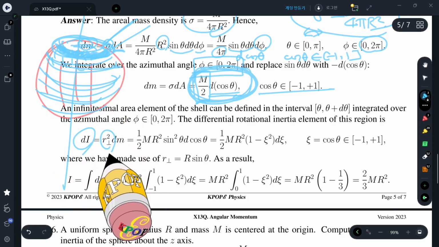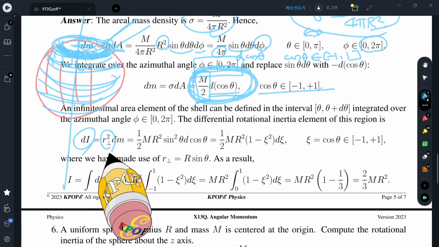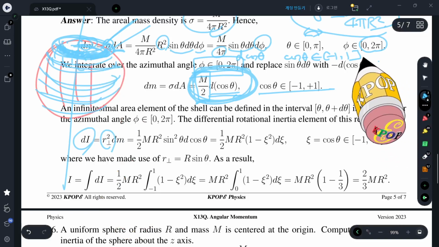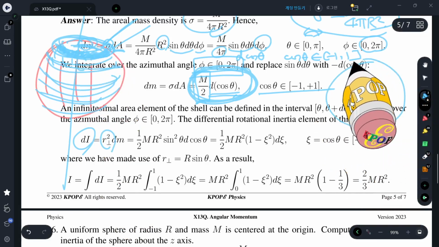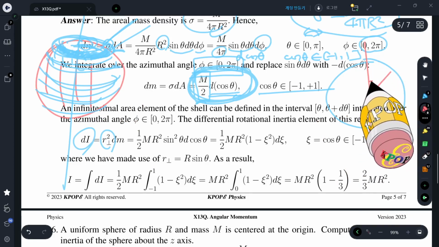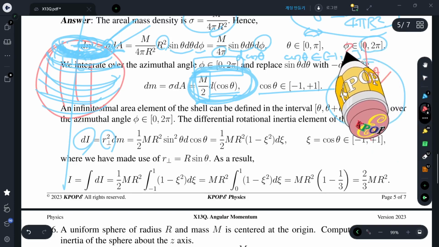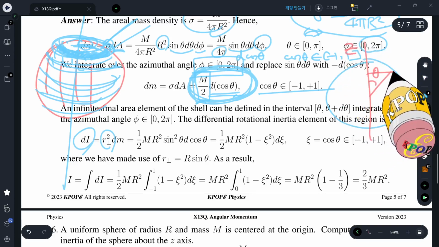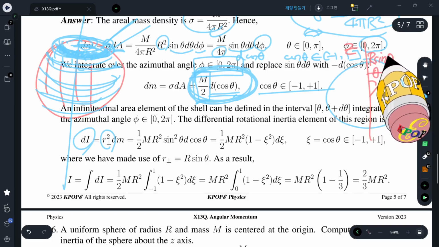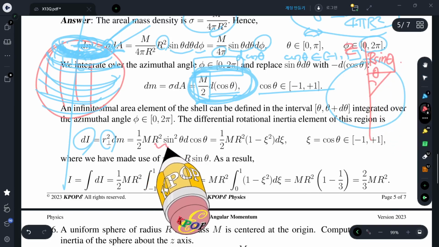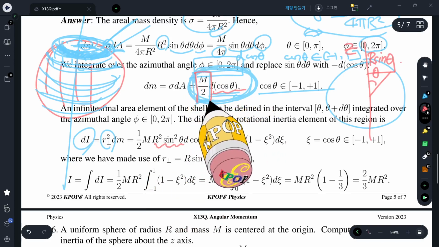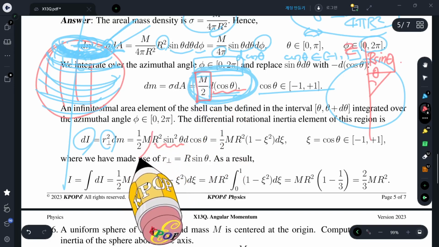Anyway, the perpendicular distance: in cross-section, we have angle theta measured from the z-axis, and this lever arm is r sine theta. So we have r sine theta squared and d cosine theta, with a factor m over 2.